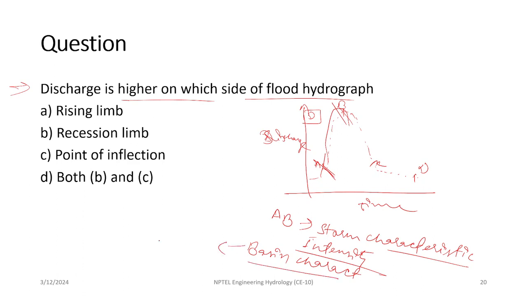Basin characteristics means the size, the shape, and the LULC pattern, land use land cover pattern. So all these points have to be kept in mind while we are predicting the discharge at the outlet. For this case, discharge will be higher when we are counting the rising limb.